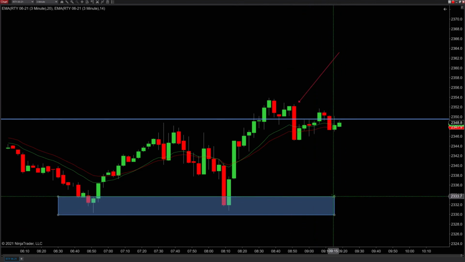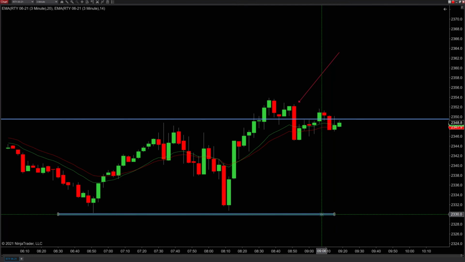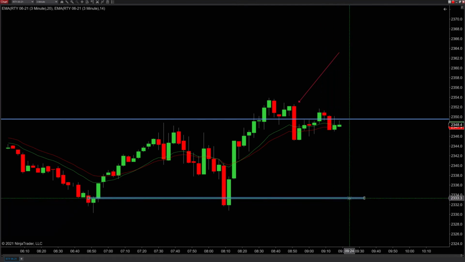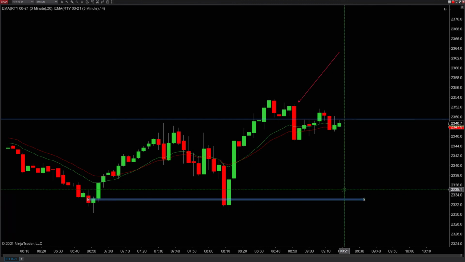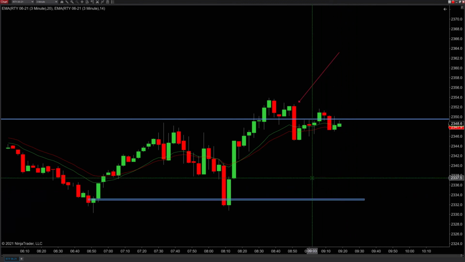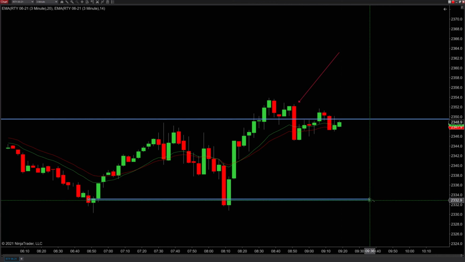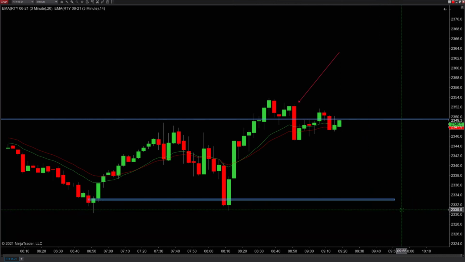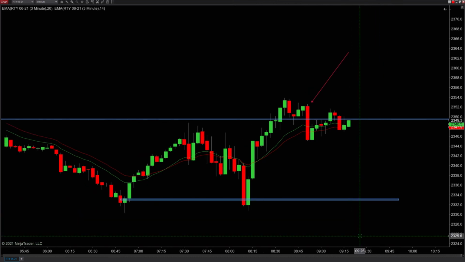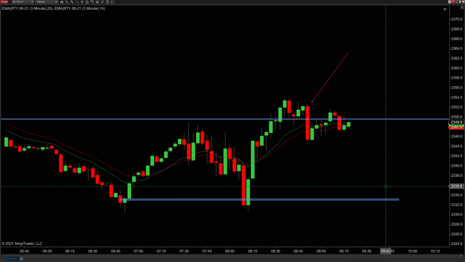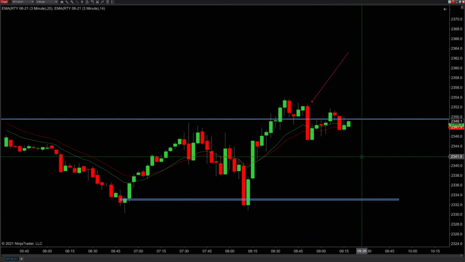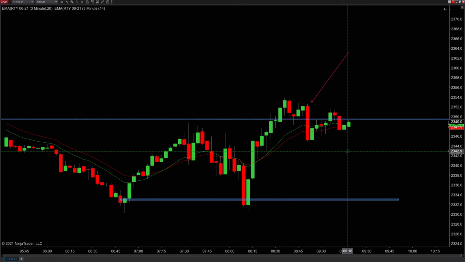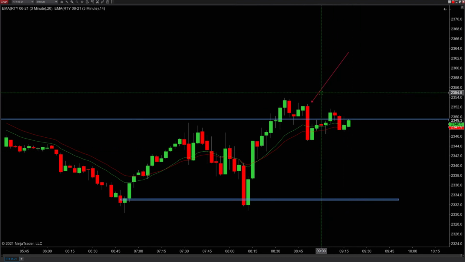So I'm going to draw that in, 2333. 2330. So that would be 2 times my risk if price comes down here. Now, that's a long way down, so I don't know if that's going to happen, but I can always choose to set my stop loss at break even if price gets into this area here. And now I just wait.